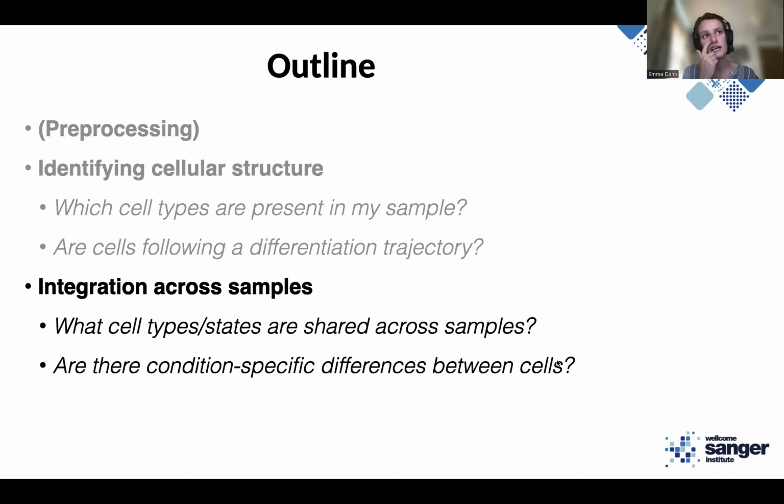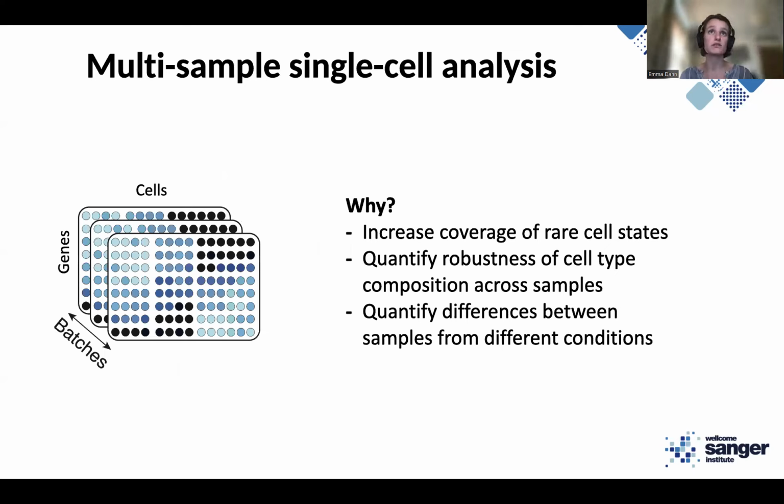As a final analysis task that I want to talk about, which is becoming more and more routine because we are collecting more and more samples of this type of data, let's talk about how we do multi-sample single-cell analysis. The reasons to do multi-sample single-cell analysis are very practical.